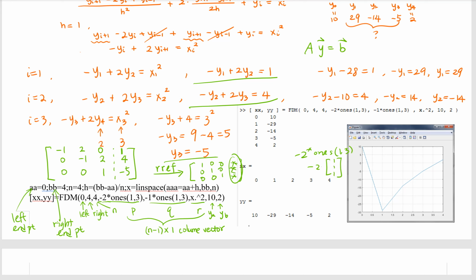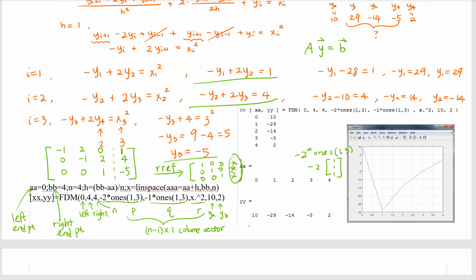Here 1, 3 is the dimension, so we have a column vector with entries 1, 1, 1. So Q is -1 times the column vector 1, 1, 1, and R is x squared.